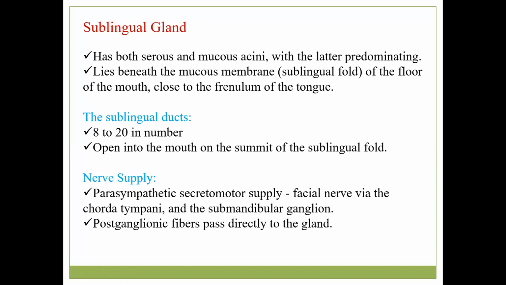That is why there are two sublingual folds we can see in the floor of the mouth, close to the frenulum of the tongue. There are several sublingual ducts that directly open into the mouth at the summit of the sublingual folds. Nerve supply comes from the facial nerve via the chorda tympani and the submandibular ganglia.